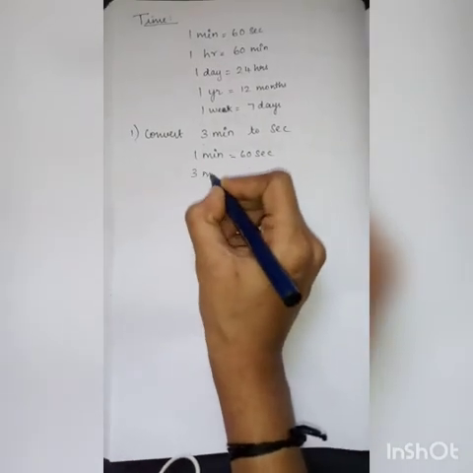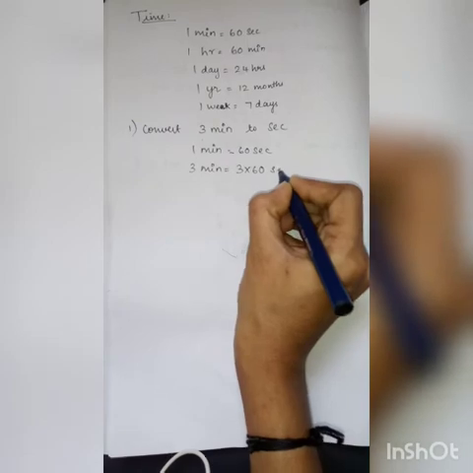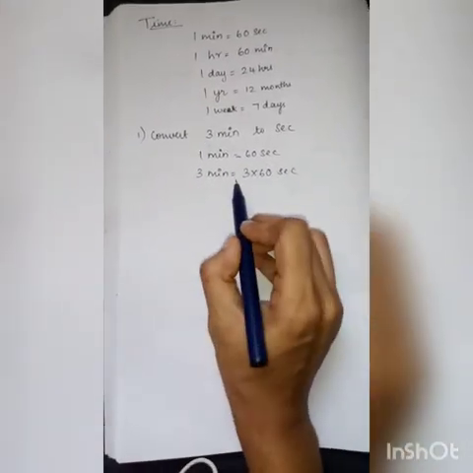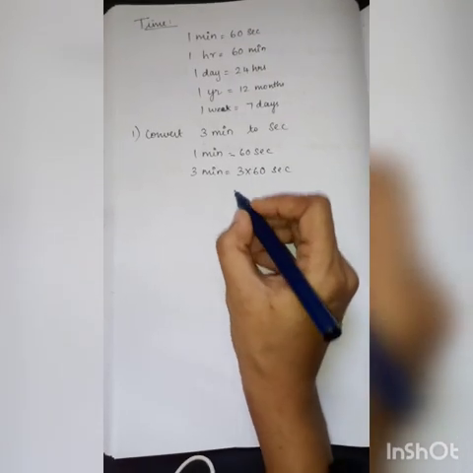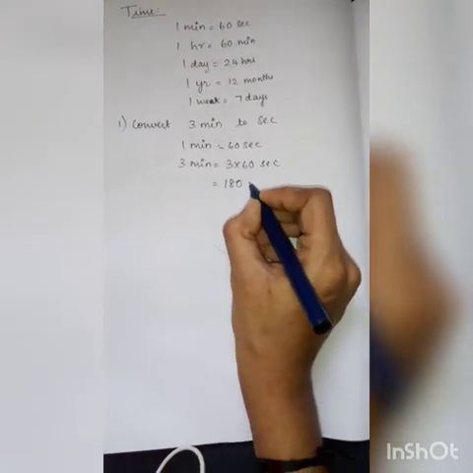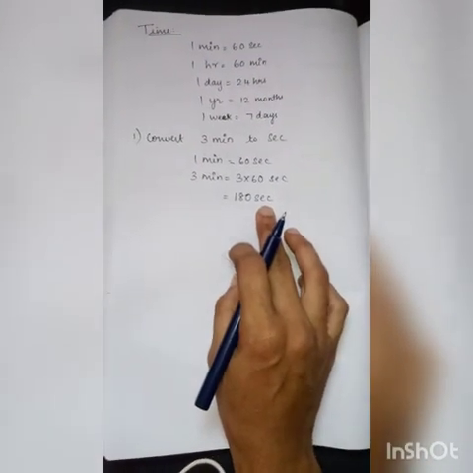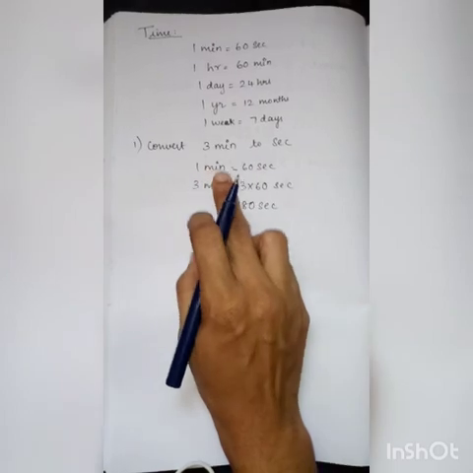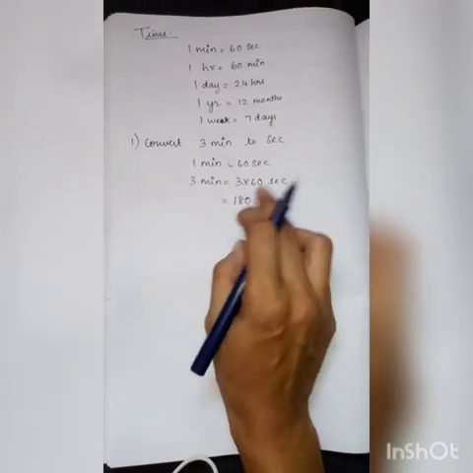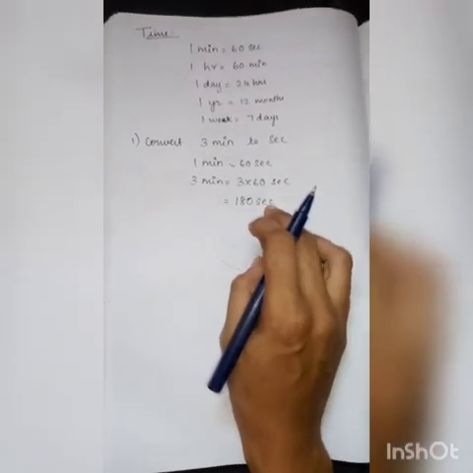So 3 minutes is equal to 3 into 60 seconds. 6 3s are 18, 0 seconds. So this is your answer: 180 seconds.